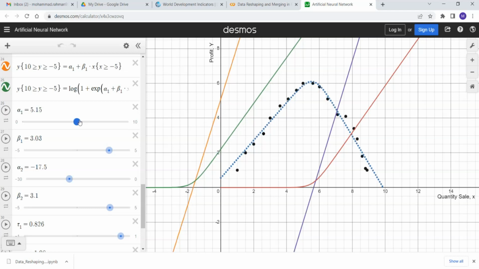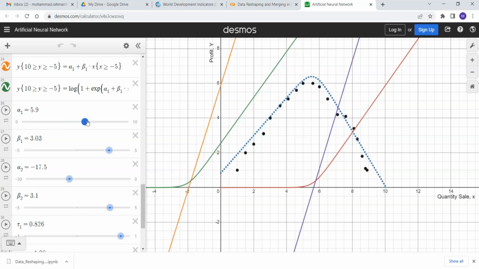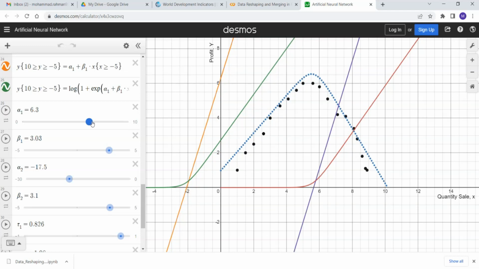When alpha 1 is increasing, you can see that everything is changing, but not the right-hand side, not the purple and red lines, because that is from the second hidden layer. As alpha 1 changes the orange line, the orange line changes the green line, and the green line also changes the final output.